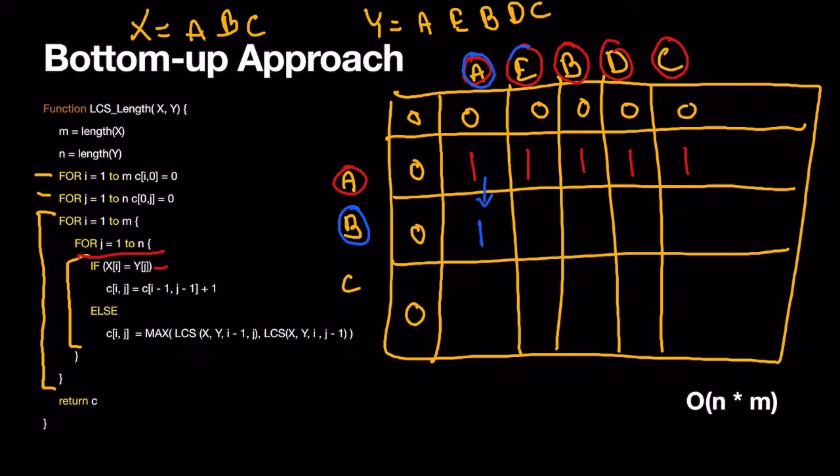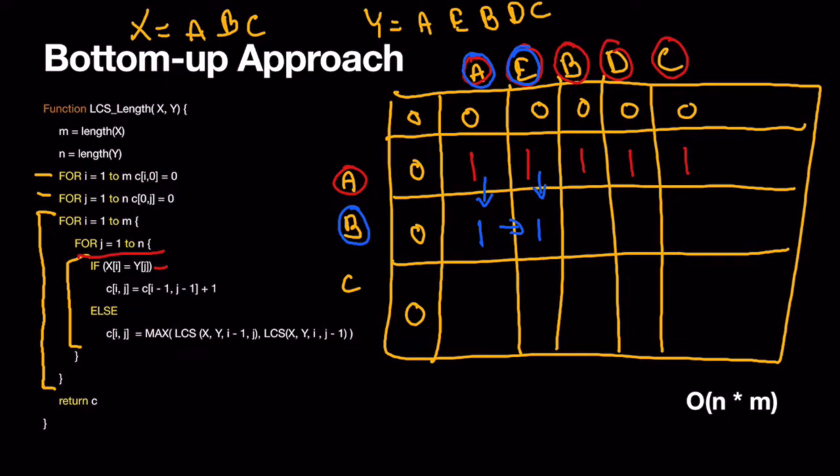B, E is not equal. Same process. We're currently at 2 comma 2. 1 comma 2 is 1, and 2 comma 1 we just computed is 1. The max value between this one and that one remains 1.